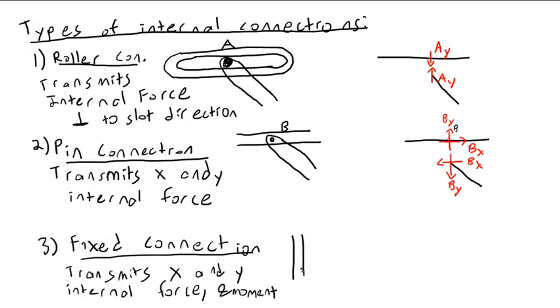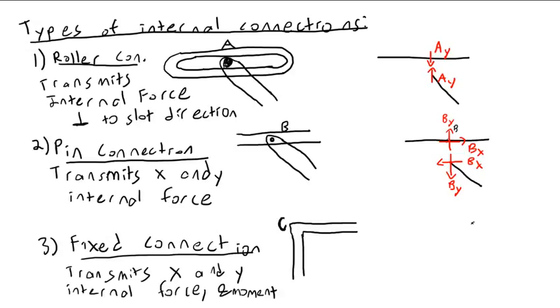So you have something like this. Say you have two members coming together at joint C. They're literally just continuing one right into the other.